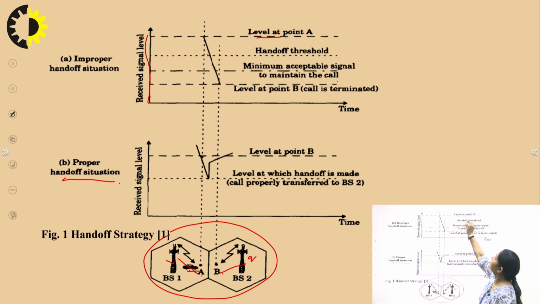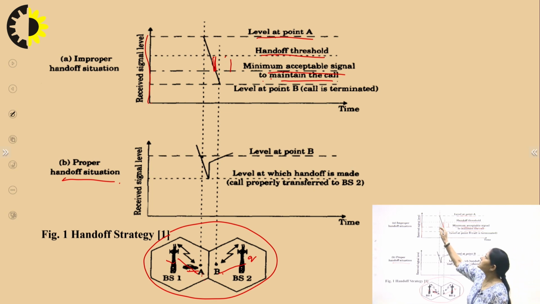This is the signal level at point A. As I told you in the last slide, there are two levels between which the decision for handoff has to be taken: the handoff threshold and the minimum acceptable signal to maintain the call. The threshold level is taken at some higher level than the minimum value. The decision to go for the handoff is to be taken within this particular range, that is called delta.